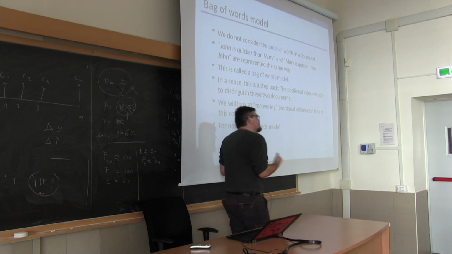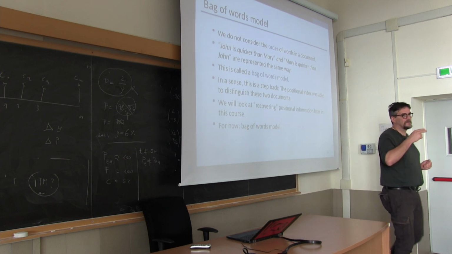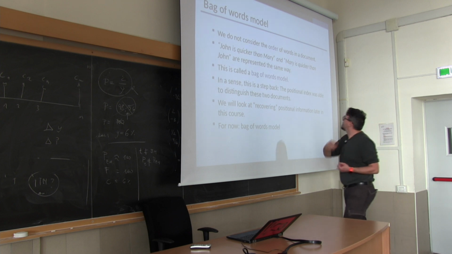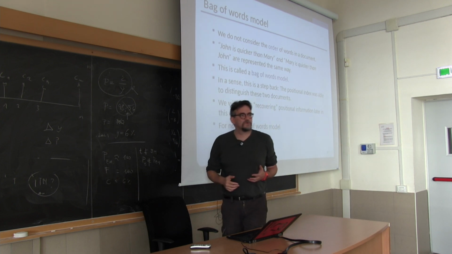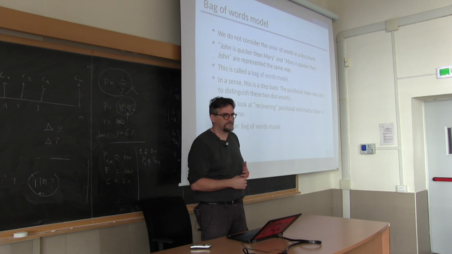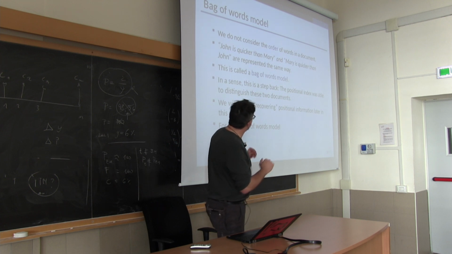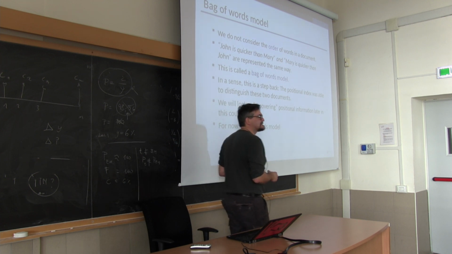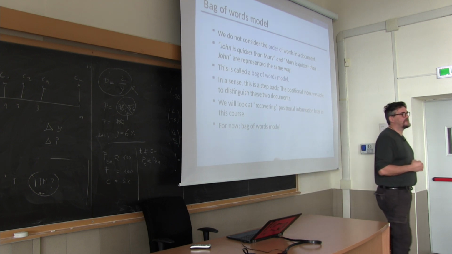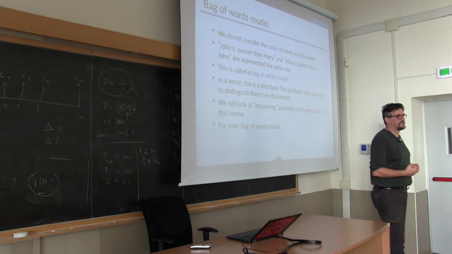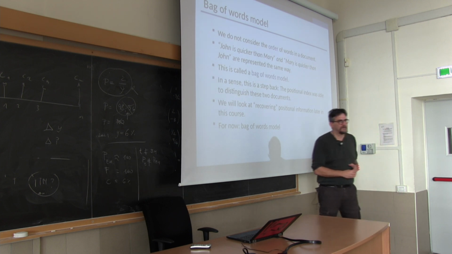To some extent, we are going back, because remember that we used positional indexes in order to distinguish between those two documents, right? But we will see that despite this step backwards, this model is very powerful, and this is the premise for an even more advanced model.